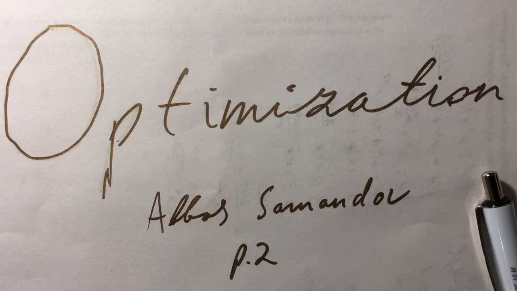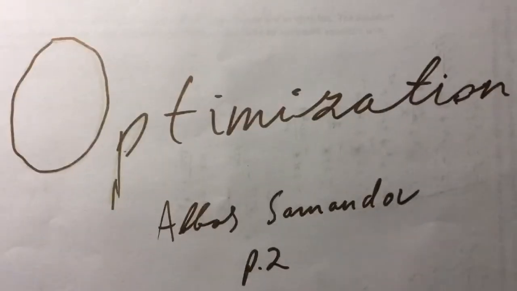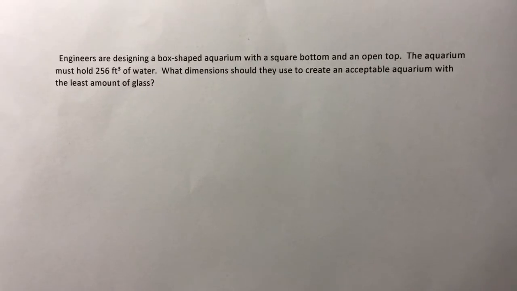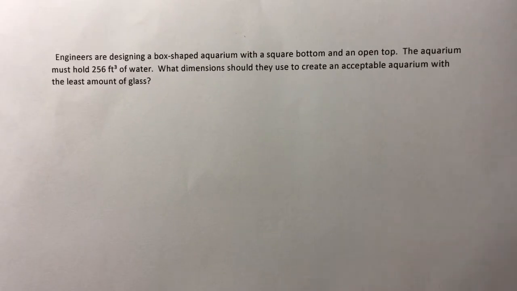The problem would ask you something like, what's the maximum area of a rectangular enclosure that we could make with this fencing? And I'm going to teach you how you would be able to find something like that with a different example here. I'm going to walk you through this problem right here.